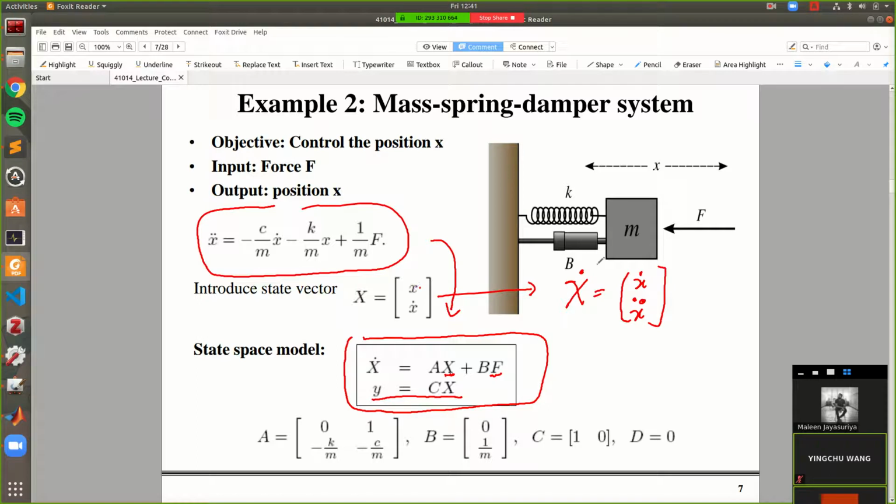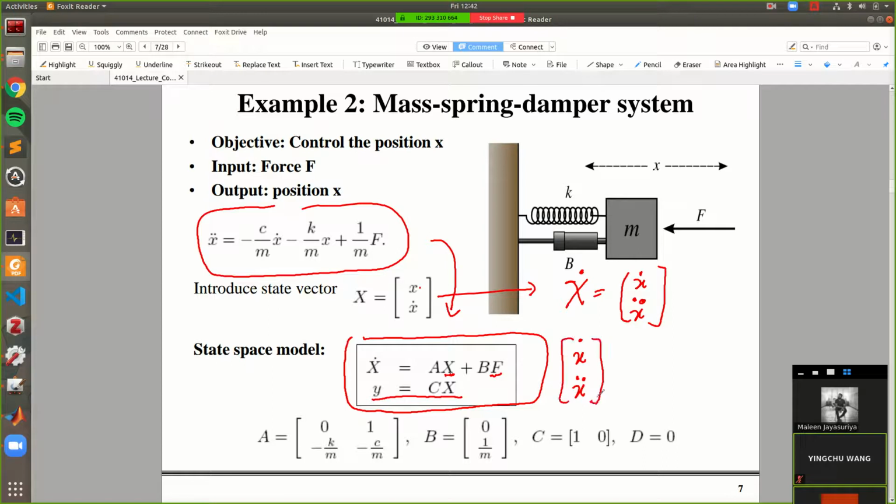So what's the relationship between these two vectors? If you think about it, how are x and x dot related to each other? Okay, so if you think about it, first derivative. Yes, right? So it's the first derivative.